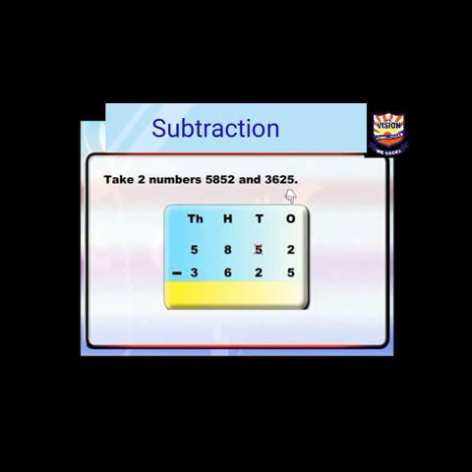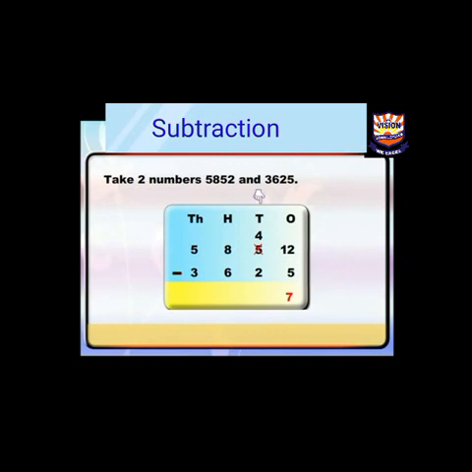For that we will borrow. When we borrow from tens to 2, 2 will become 12, and then we will subtract 5 from 12, the answer will be 7. 5 gave 1 to 2, that's why 5 has become 4.